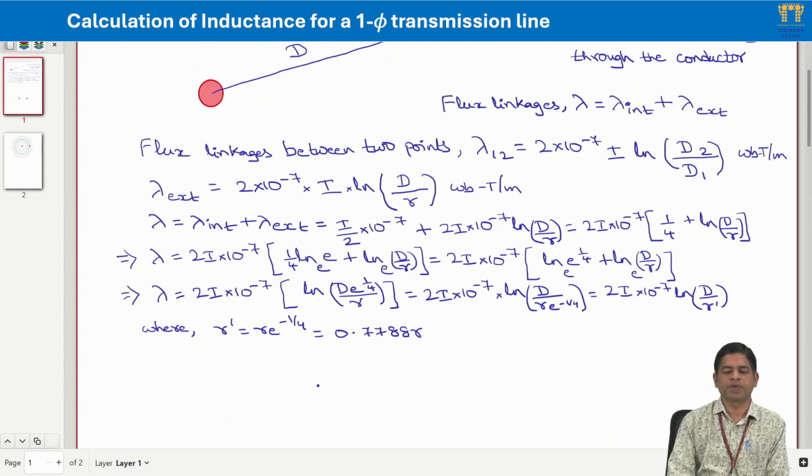So this would be the expression for flux linkages of an isolated conductor by considering flux linkages till some external point which is at a distance d.